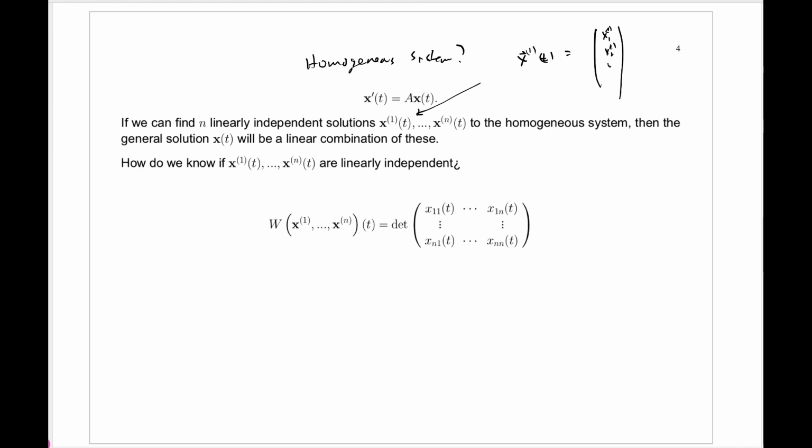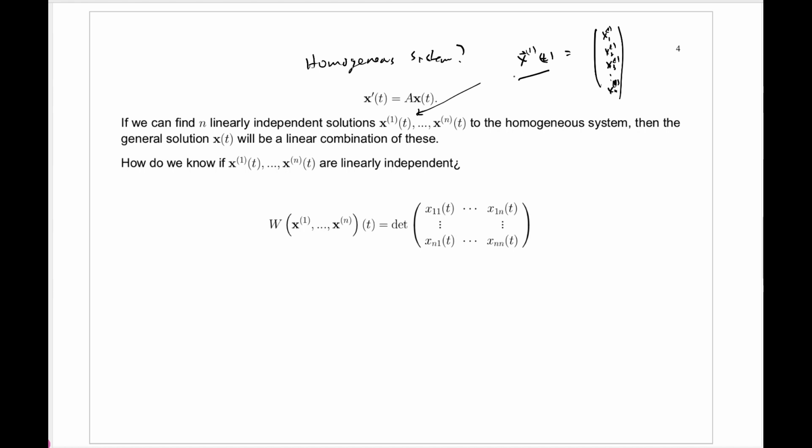These all have 1 in the superscript because they come from our first vector solution, through x_n. So when I talk about one solution, I mean a vector that contains a function for x_1, a function for x_2, all the way to a function for x_n, that satisfies this homogeneous system.